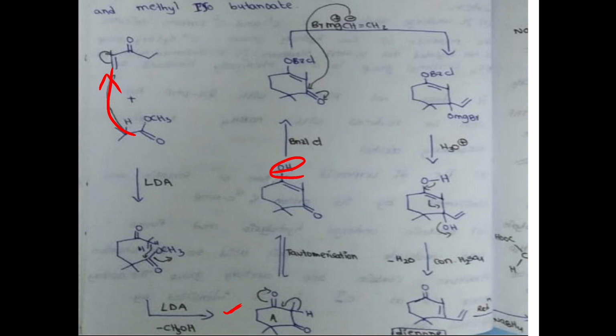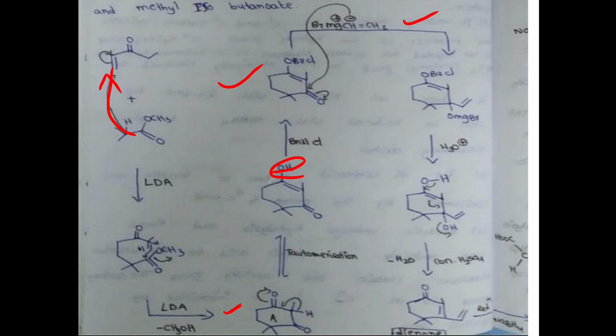Our next aim is construction of ring B. For this purpose, the hydroxy protected ketone is treated with a Grignard reagent, especially vinyl magnesium bromide.